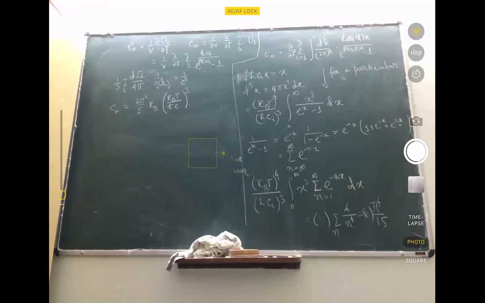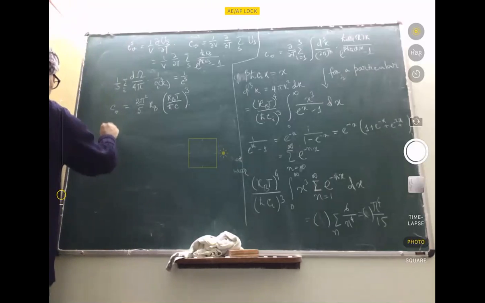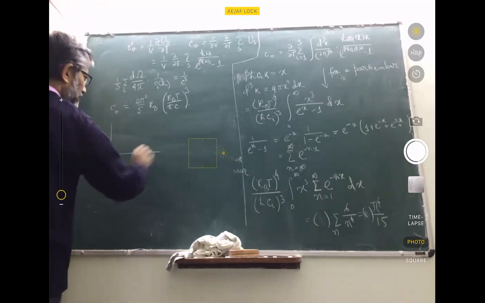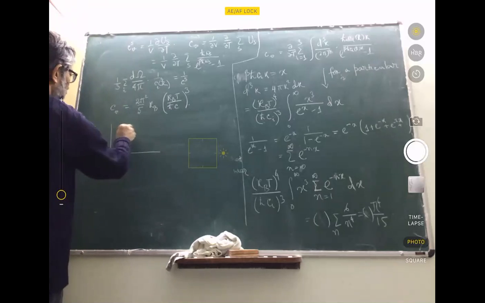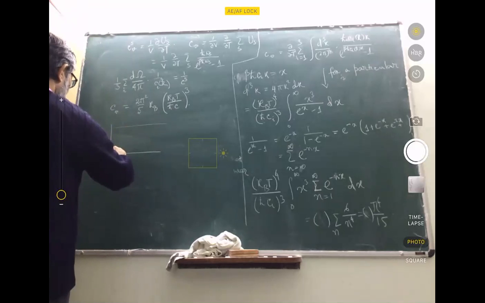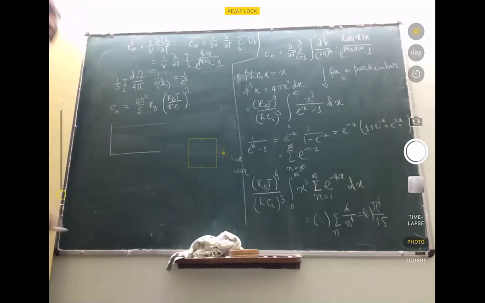What is this low temperature limit we are talking about in the context of real solids? These are some things that we need to understand a bit. If you remember, going back to the figure is a little complicated because I have to stop sharing this screen.